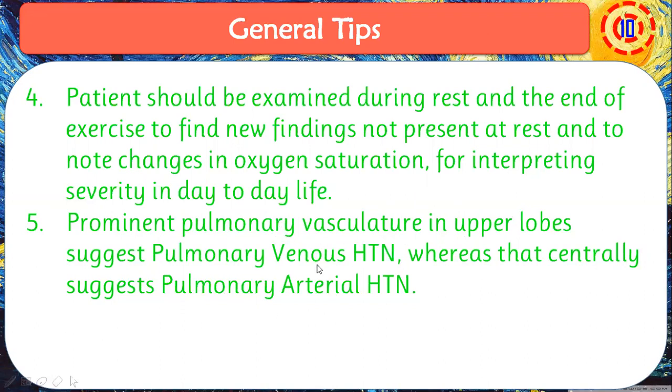In such a condition, we have to think that the cause of this venous hypertension might be located somewhere in the left heart. That might be mitral stenosis, aortic stenosis, regurgitation, or any other process which causes debilitation of the left side of the heart. Whereas if the prominent pulmonary vasculature is in the central area of the lung field on the chest X-ray, then we have to consider pulmonary arterial hypertension.